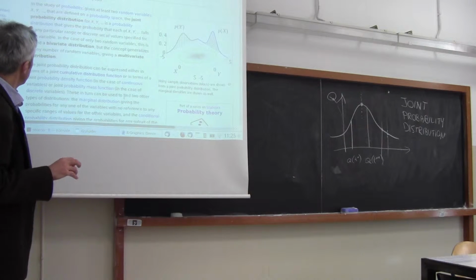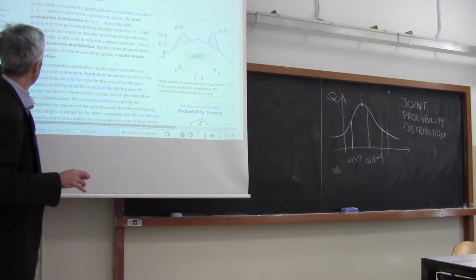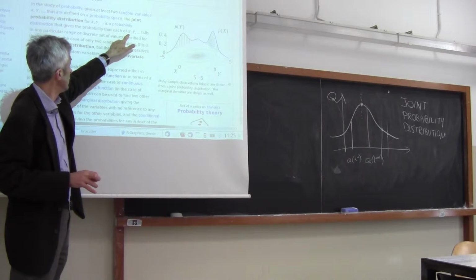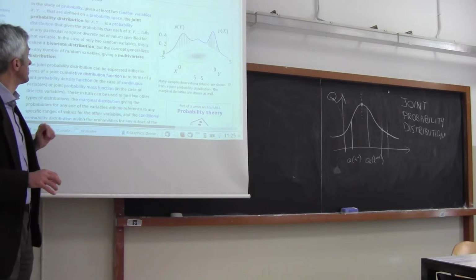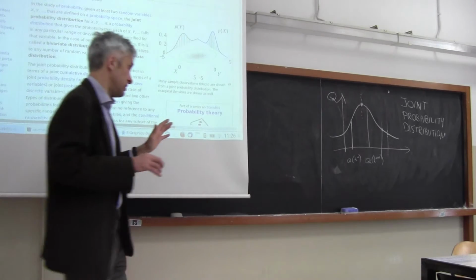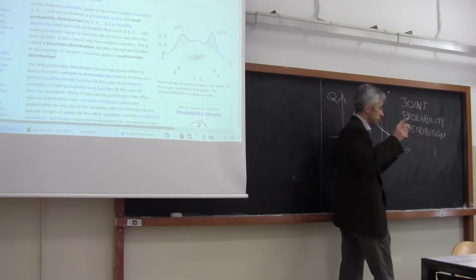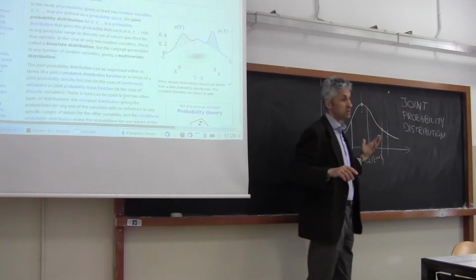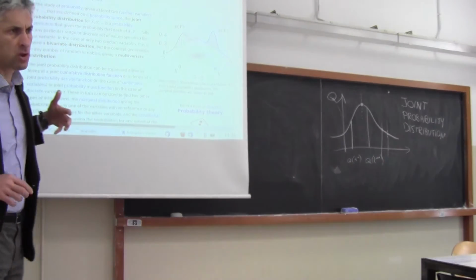And basically, the joint probability distribution for x and y is a probability distribution that gives the probability that each of x and y falls in any particular range or discrete set of values. So basically, it tells you what is the joint probability of getting these two values from two separate distributions.